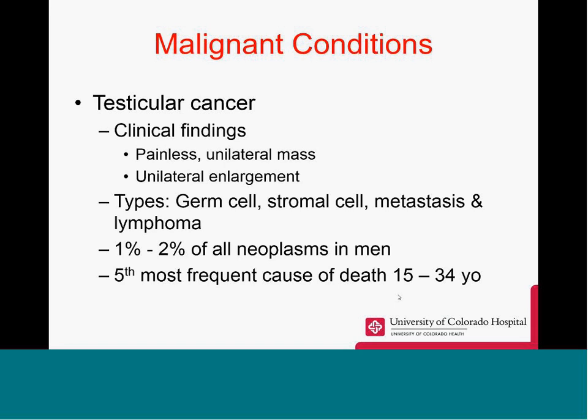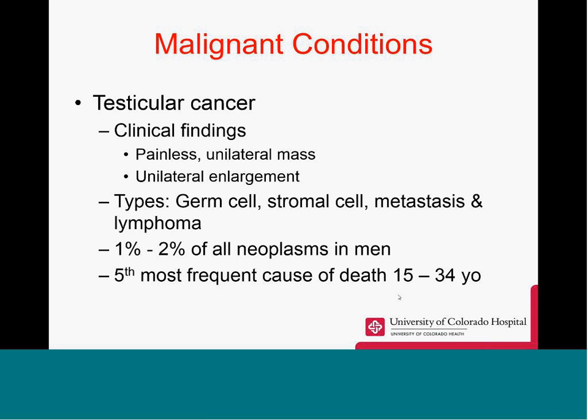On to cancer. Clinical findings, it's a painless unilateral mass. There's several different types: germ cell, stromal cell, metastasis, and lymphoma. These do account for about 1 to 2% of all neoplasms in men.